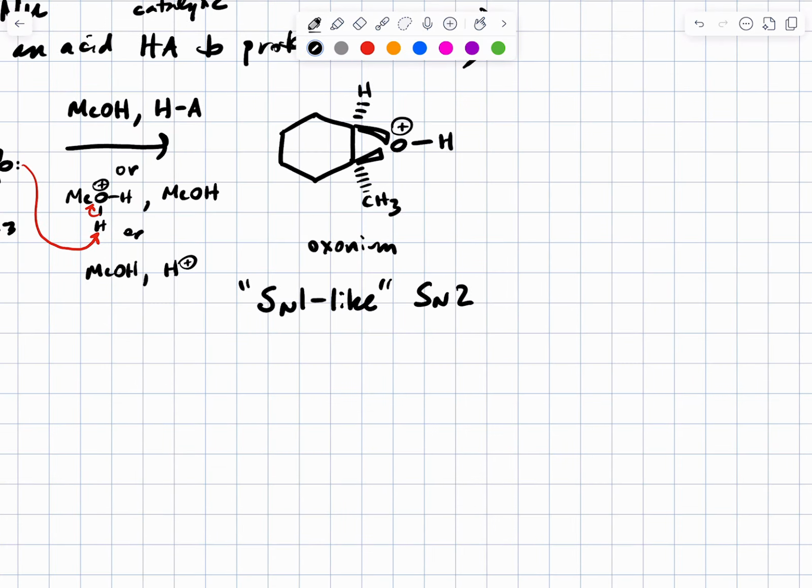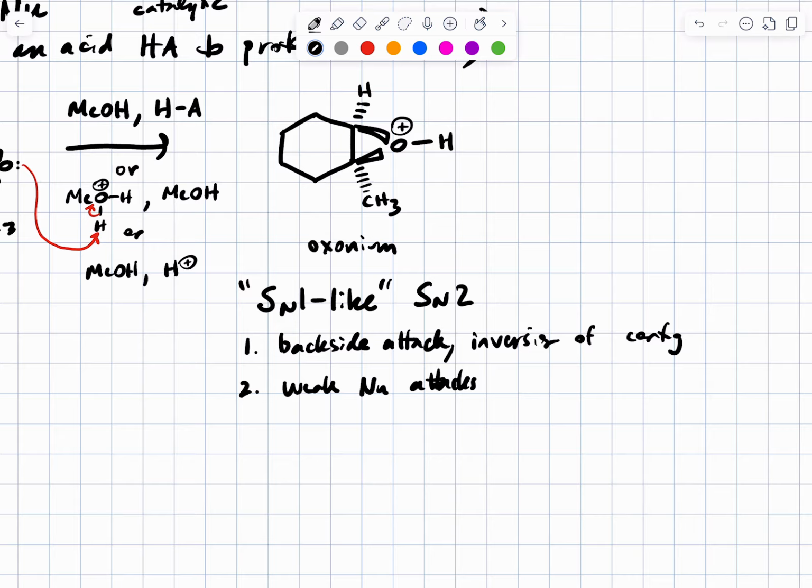Okay, first, we still get backside attack, and we still get inversion of configuration, always. But the weak nucleophile attacks the less substituted carbon. No, I said that exactly wrong. Scratch that.